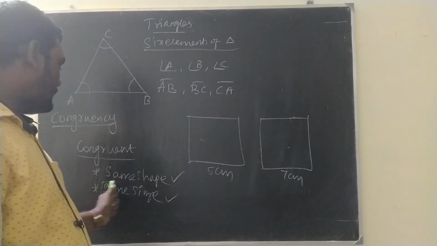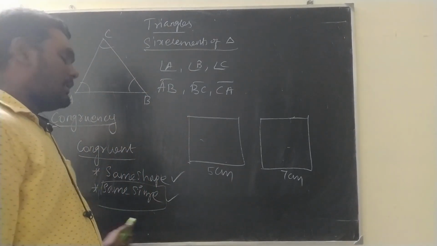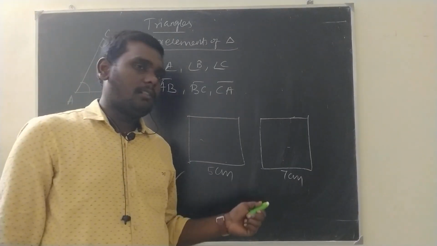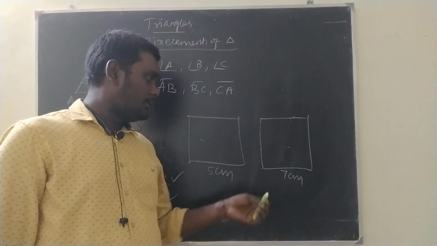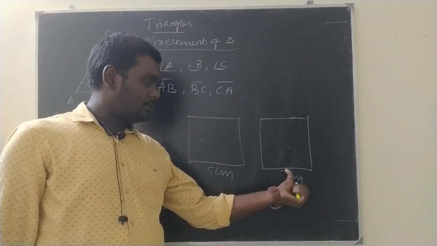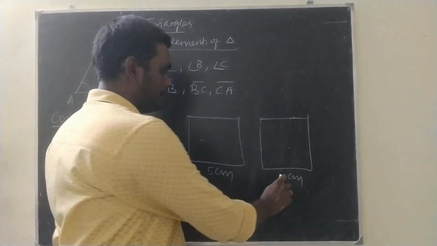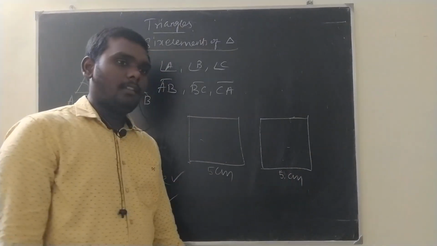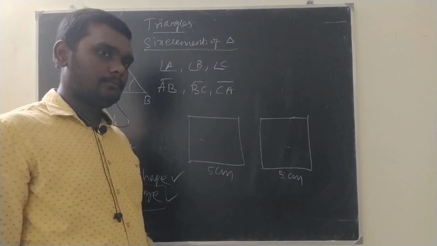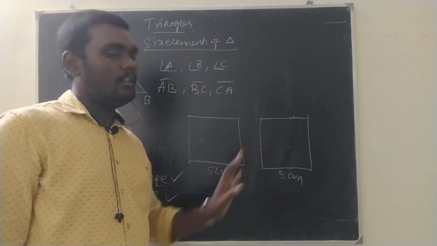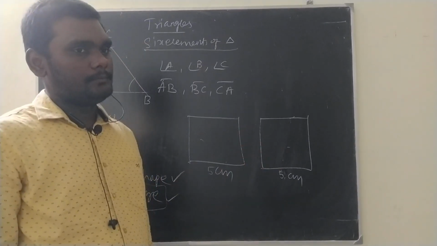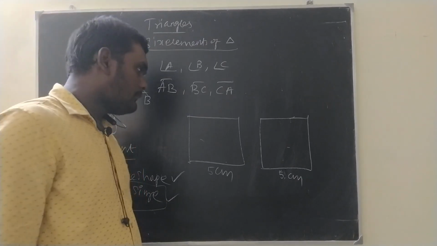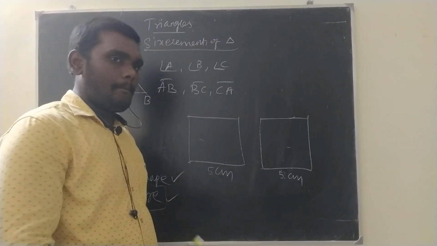Same size stands for the measurement being equal. So these are not congruent. Suppose in this also the side is 5 centimeter, then we can say these two are congruent. Okay.